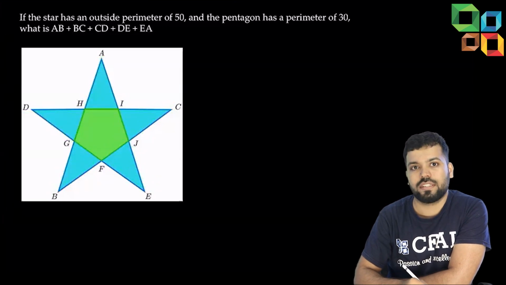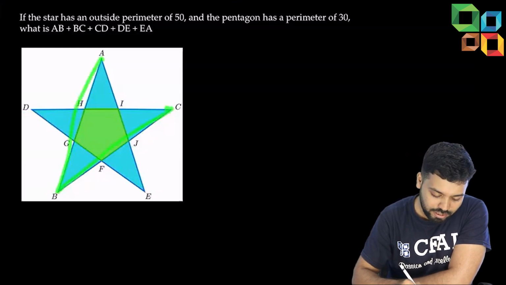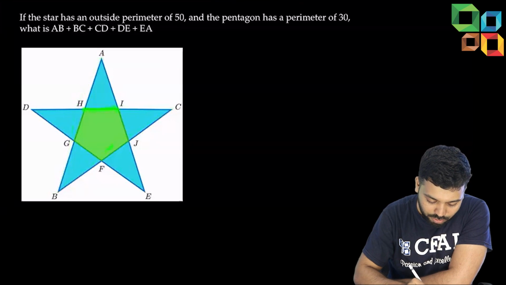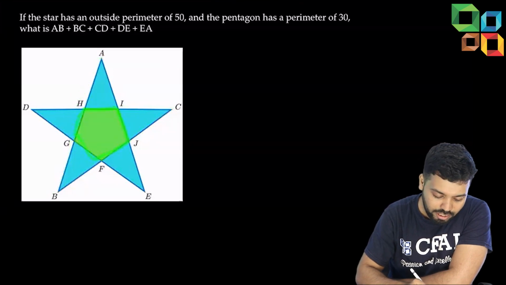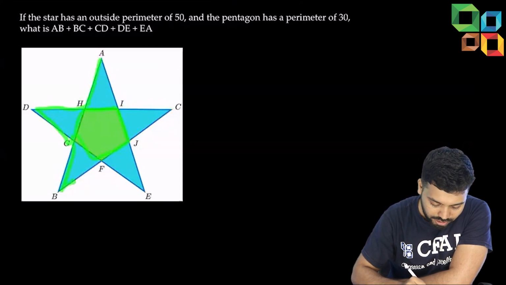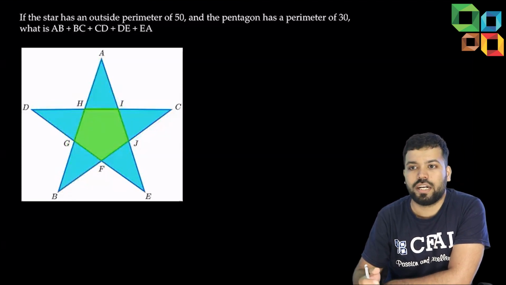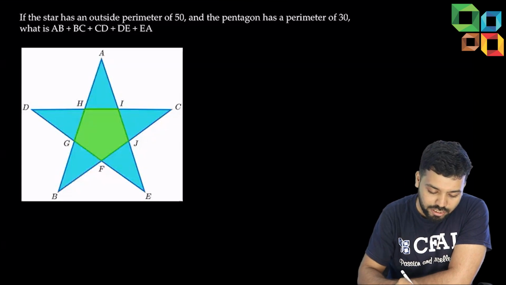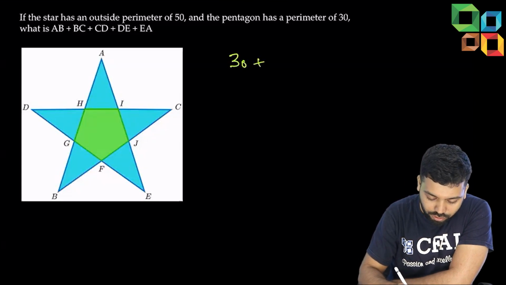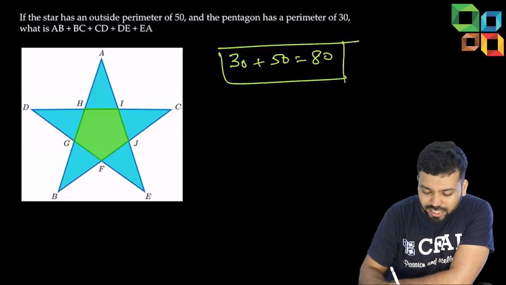If I trace this, it is nothing but the sum of this and the sum of this, correct? If I cover individually, it will cover the entire star. So the entire perimeter is just 30 plus 50, which is 80.